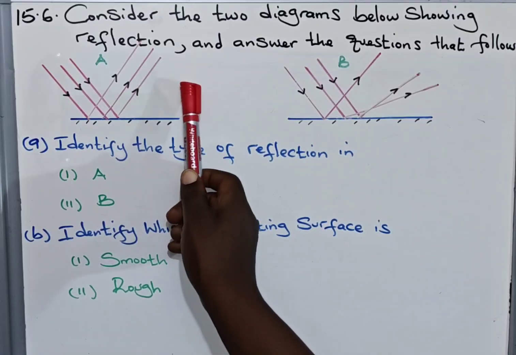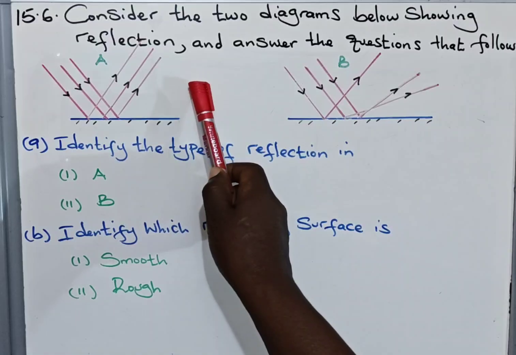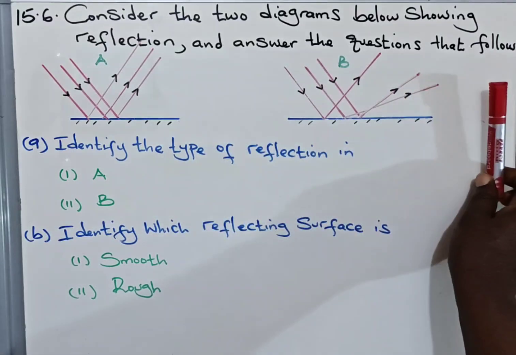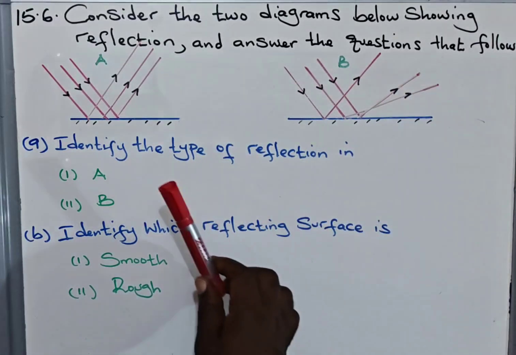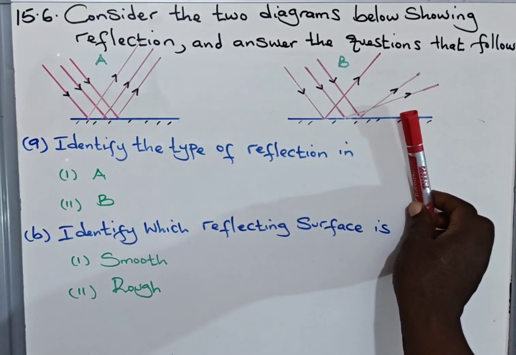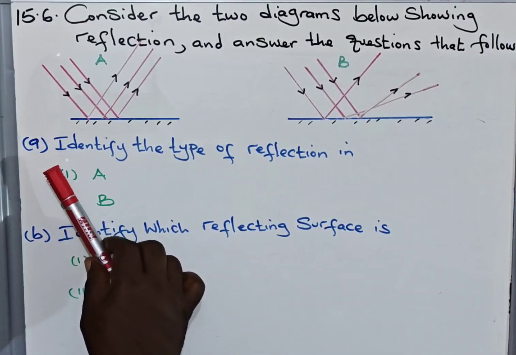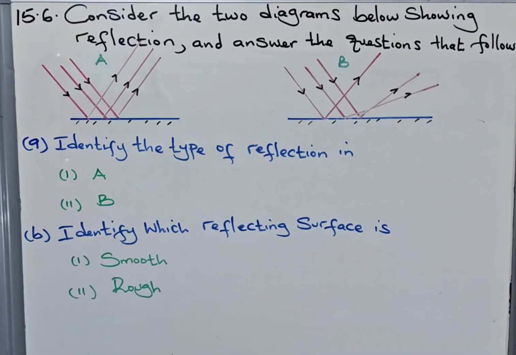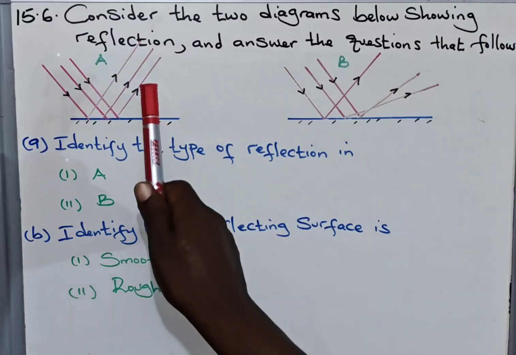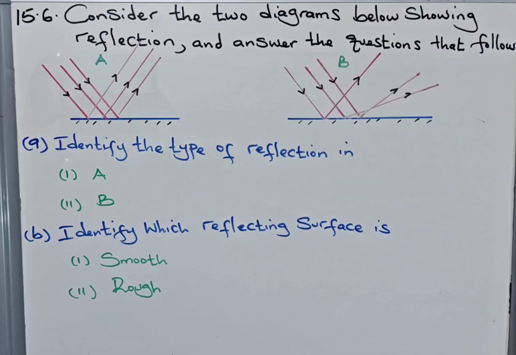The statement reads, consider the two diagrams below showing leaf friction and answer the questions that follow. So we are having this diagram. This is diagram A and this is diagram B. Then the question says, identify the type of reflection in A. How do we classify A?